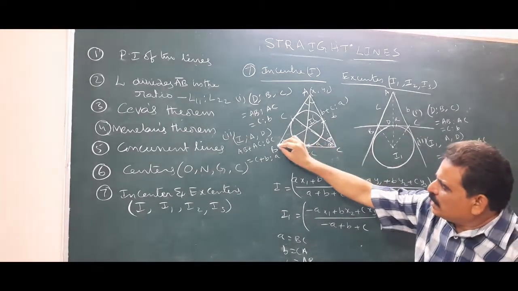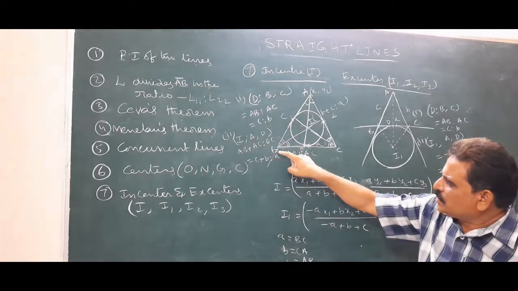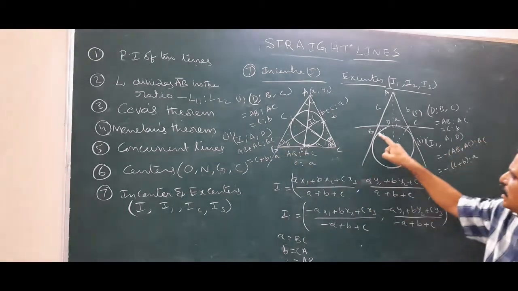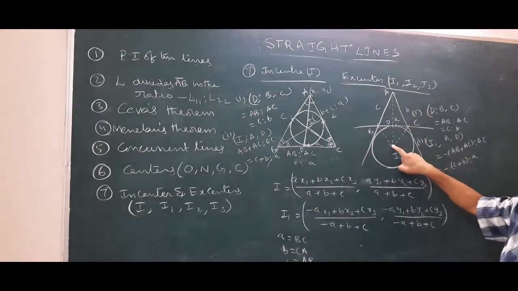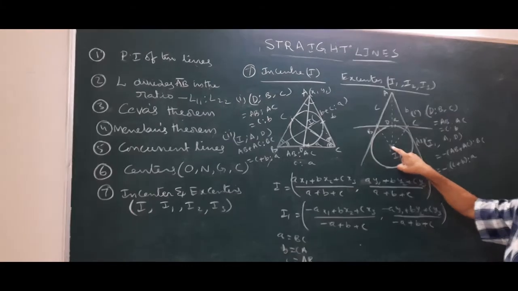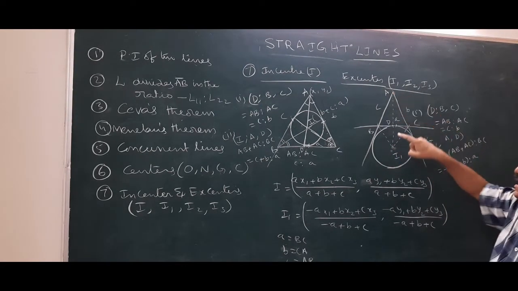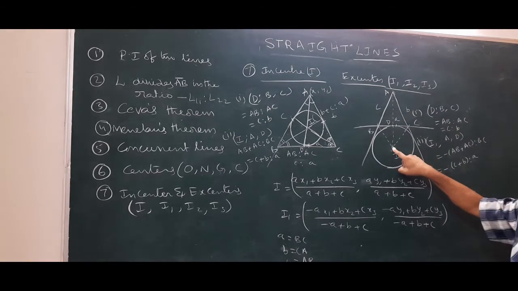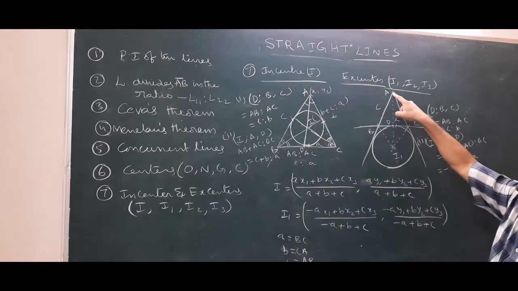If you extend this, the exterior angle between these two has an angle bisector, that is BI1. One internal angular bisector and two external angular bisectors intersect at a point. That point is called the excenter opposite to the vertex A, denoted by I1.